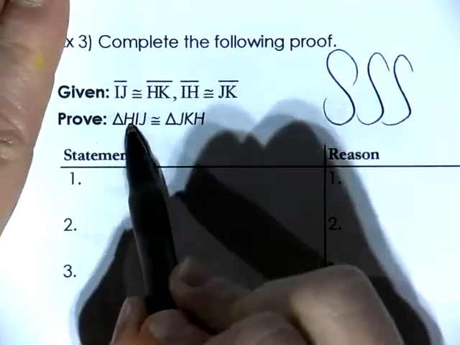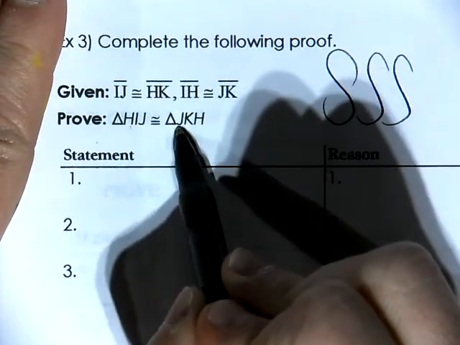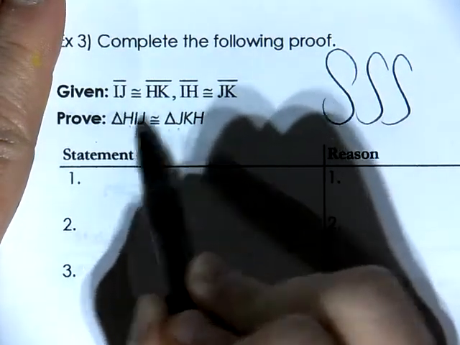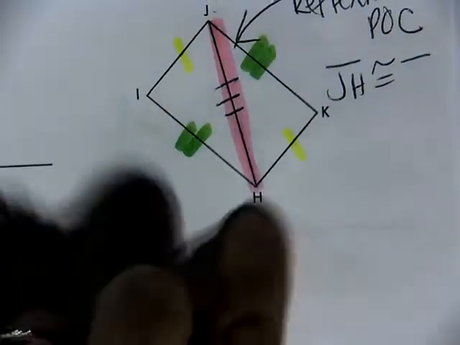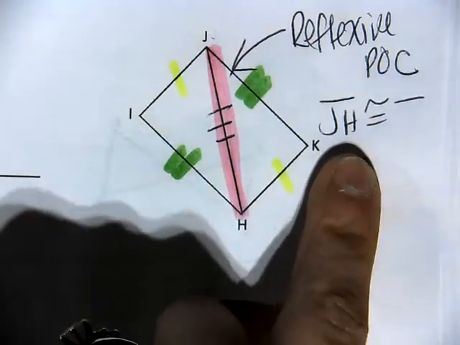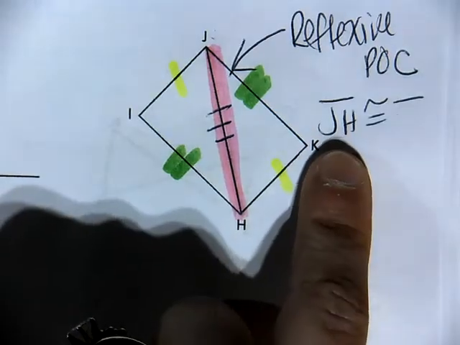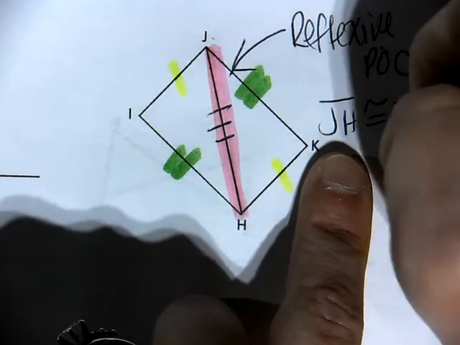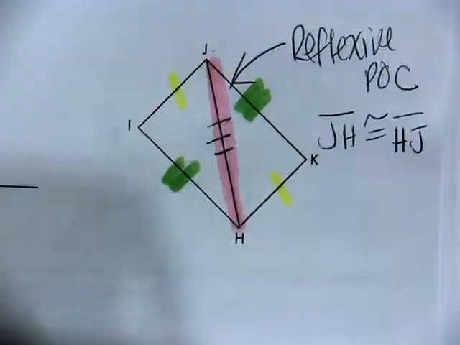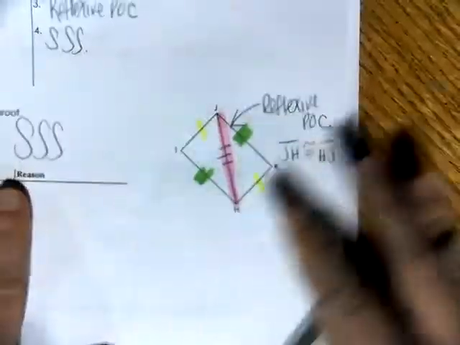Well, let's go to our statement. Looking at our statement, it looks like H matches with J and J matches with H. So therefore, instead of me saying JH is congruent to JH, I'm going to say that JH is congruent to HJ. So that is part of my thinking and showing my thinking before getting started with my proof.